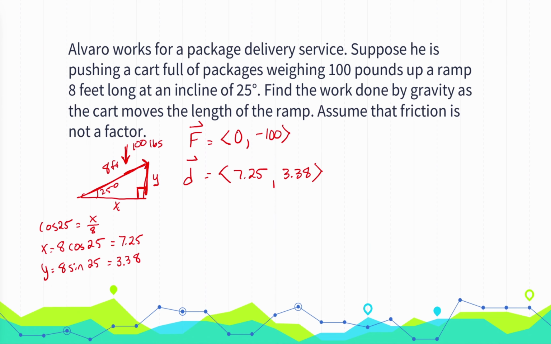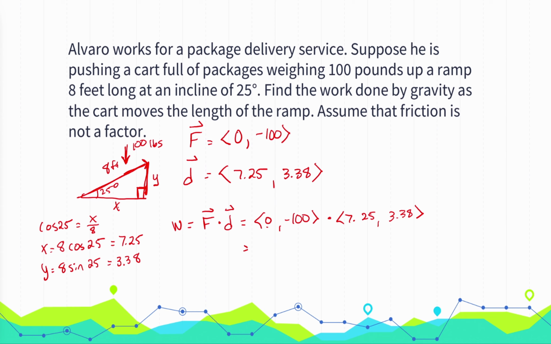Then the work done is going to be the dot product of these two, the force vector (0, negative 100) and the displacement vector (7.25, 3.38).